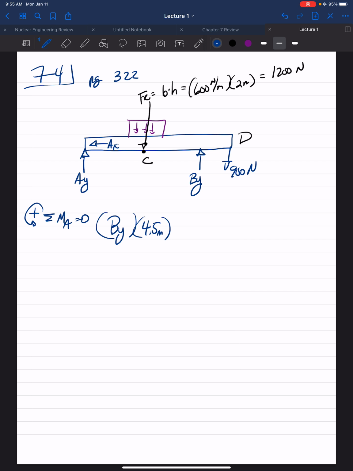Our resultant force from the loading causes clockwise, so negative, and that's separated by a distance of 2 meters from point A. And the 900 Newton force is separated by a distance of 6 meters. Solving for BY.